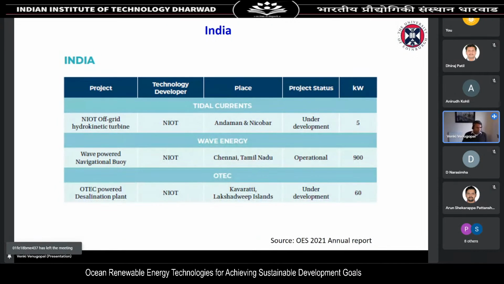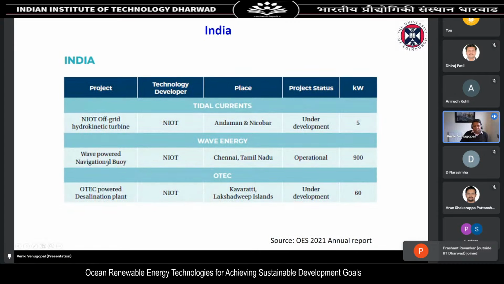Now, if you're wondering what's happening in India currently, the NIOT, National Institute of Ocean Technology, which is in Chennai, they are developing technologies to harvest tidal currents, and it's 5 kilowatt. It's a small machine, but still okay to begin with.